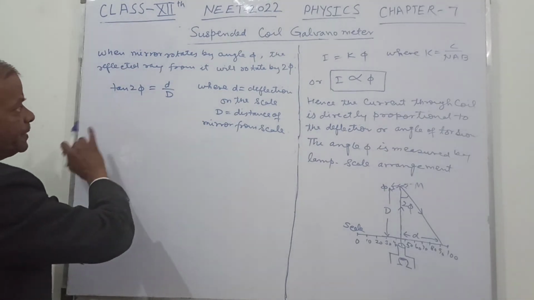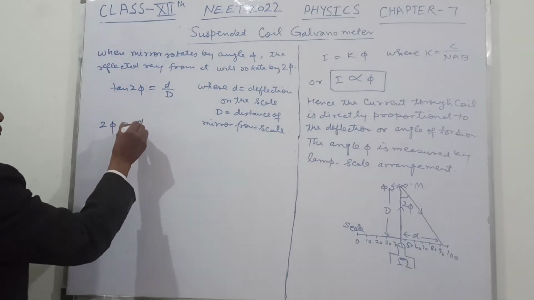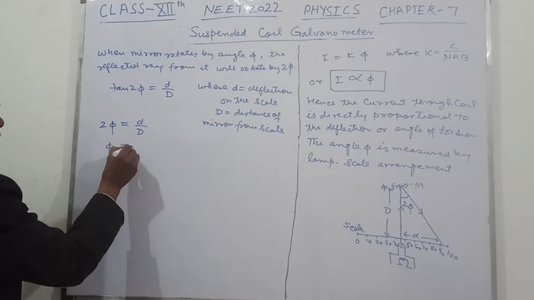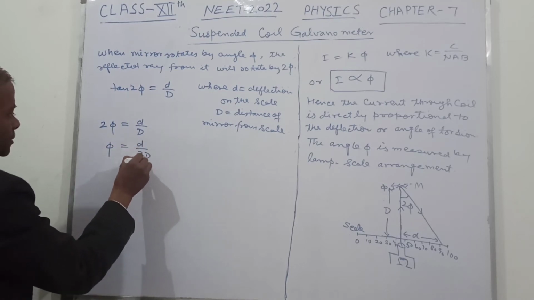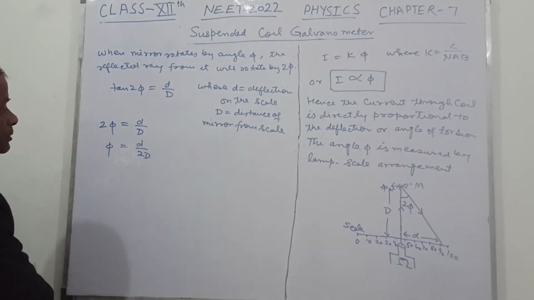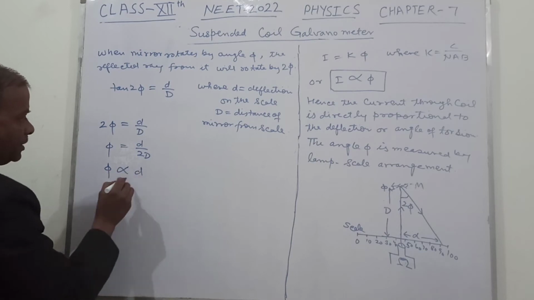Since this angle is very small, we can take tan 2 phi as 2 phi, equal to d upon D. So phi is equal to d upon 2D. Since this capital D is constant, phi is proportional to d.